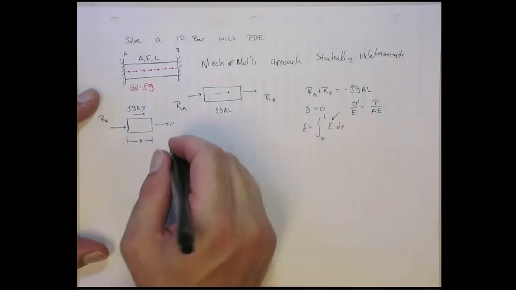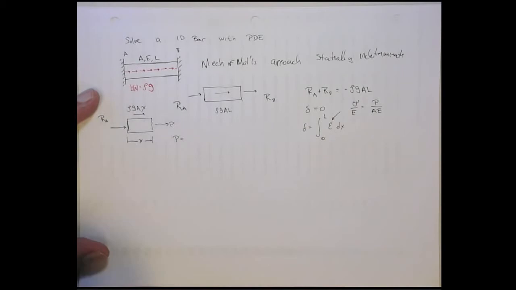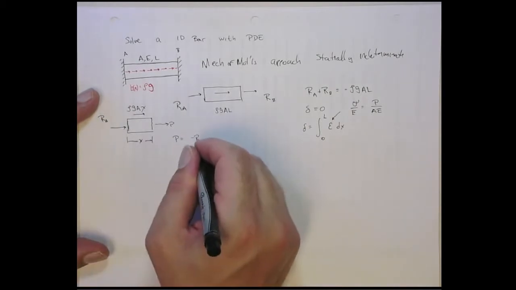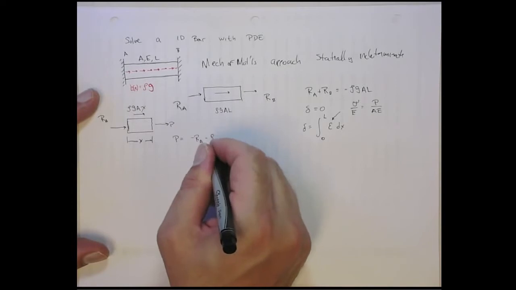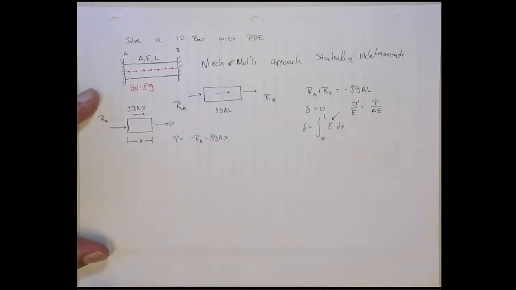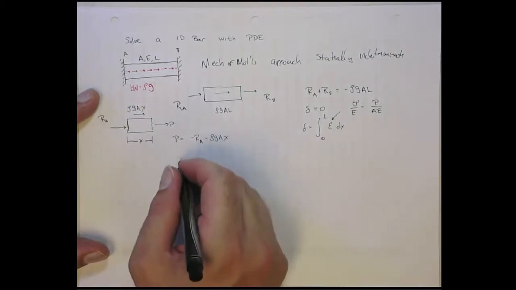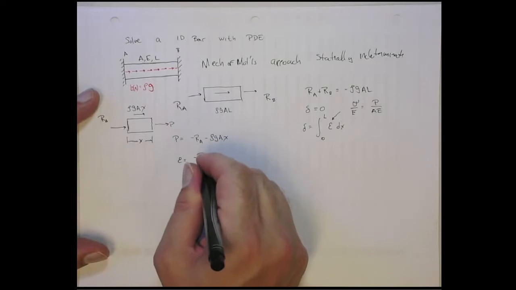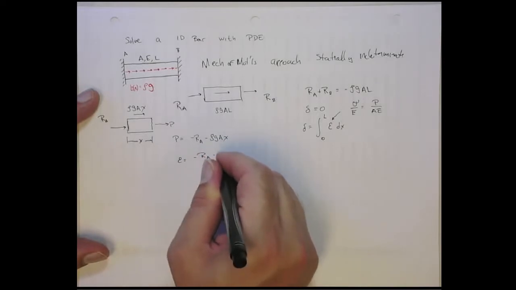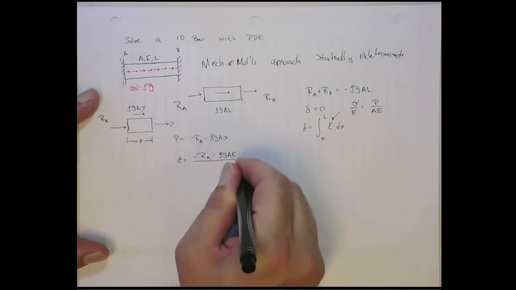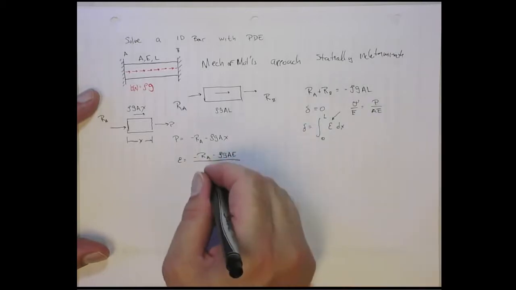And so that tells me that P is going to be equal to minus RA minus rho g A x. And so from that, I can get that the strain is going to be P over AE.